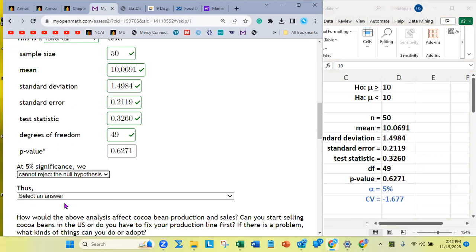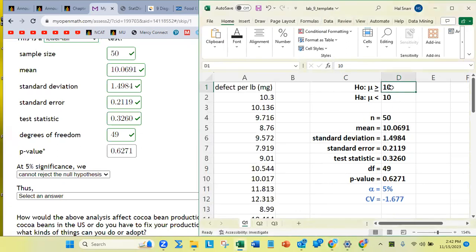You can reject the null hypothesis, which means you can accept the alternative, but you cannot accept the null hypothesis. And you have to use language here to avoid making a type 1 error. Now, because I cannot reject the null hypothesis, I cannot say this is false. Basically, what I'm concluding is that the average is 10 or more. My data is saying the average is 10 or more, right?